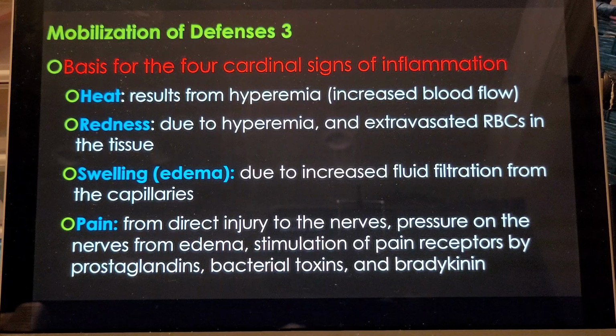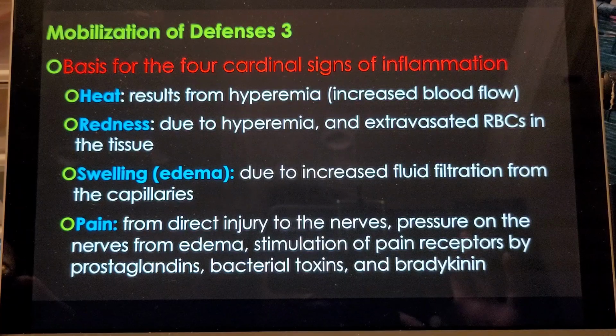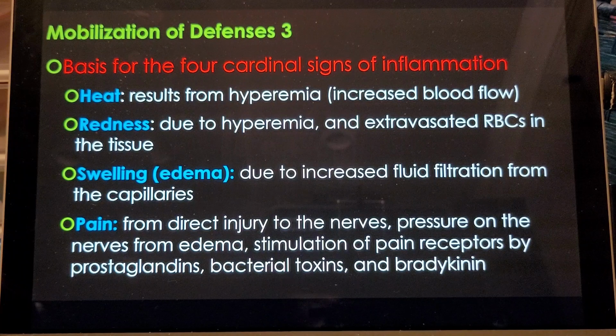Or because the damaged tissue has stimulated pain receptors by releasing prostaglandins, or toxins from the bacteria, as well as bradykinin, can also stimulate pain. That pain is also going to be helpful. Pain is helpful in the healing process because you're less likely to move that area, and so it's allowed to heal.